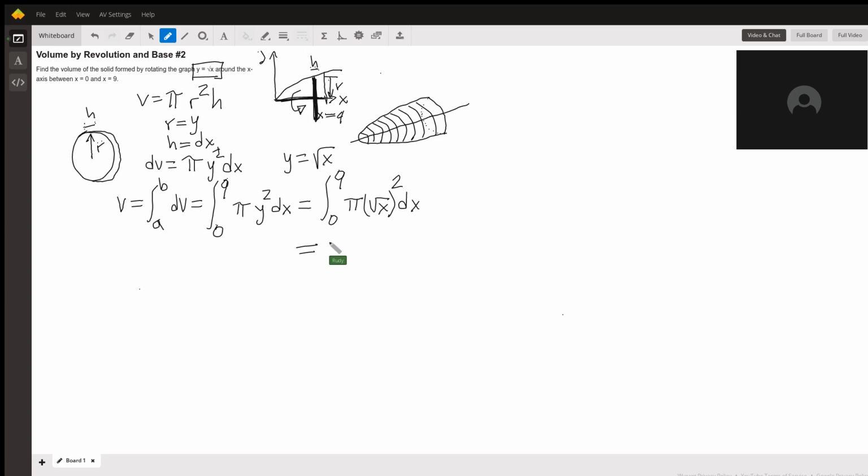I'm out of time, so that's why you just have to do this. We're going to get pi over 2 x squared from 0 to 9. And when you evaluate the expression, what you get at the end is the volume is 81 pi over 2.